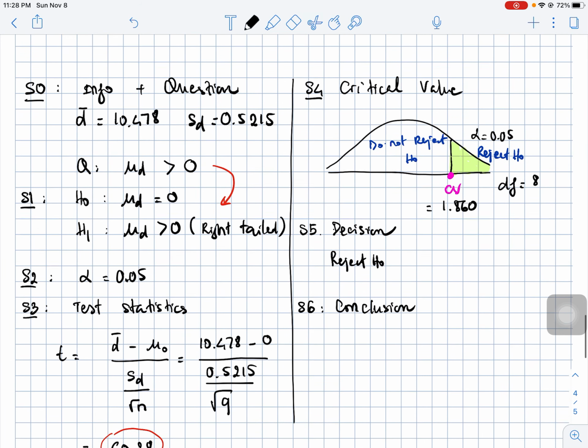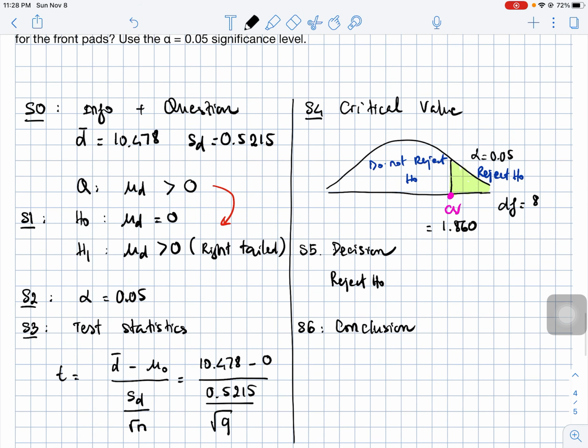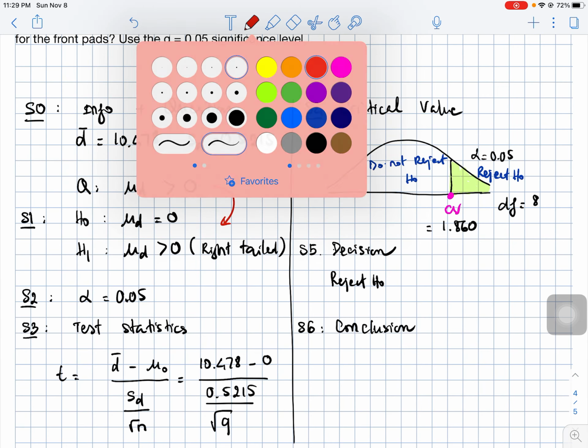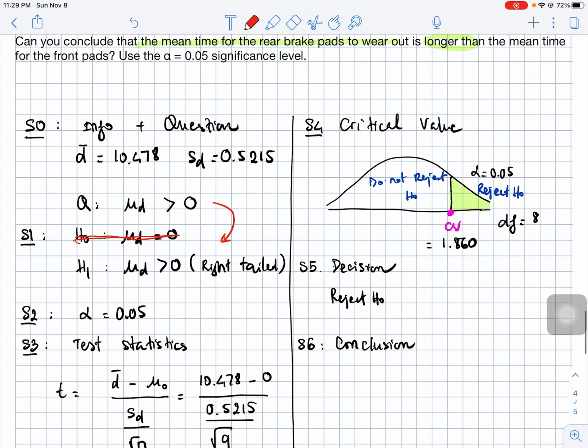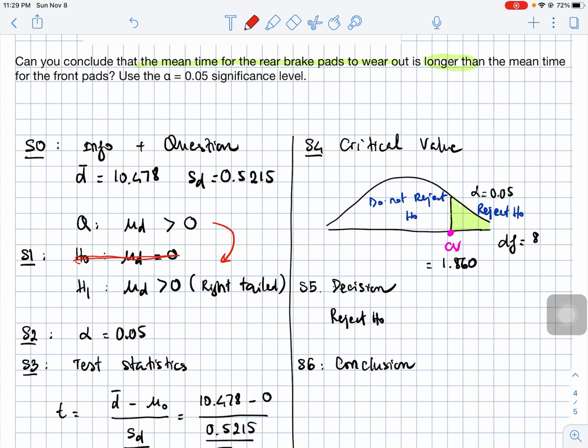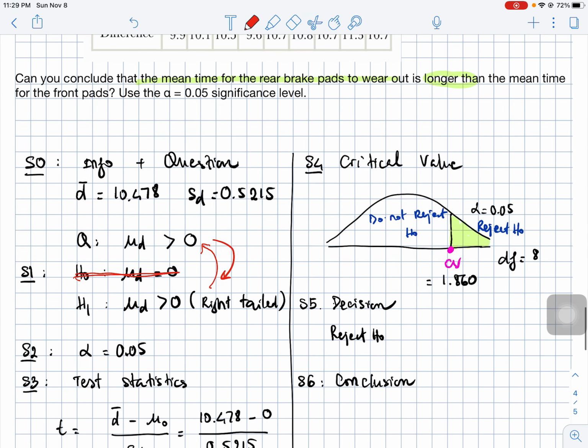Now you go back to step number 1 to write out the conclusion. You reject the null, so the null is gone. What we have left is the H1. The H1 says that mu d is greater than 0, and that is exactly the question.